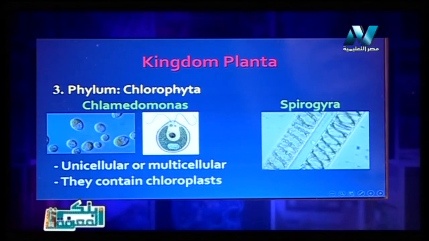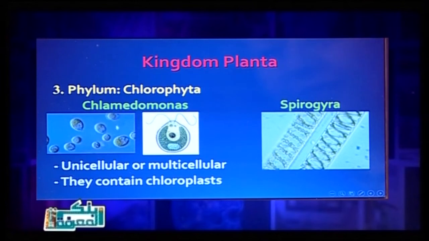The third phylum is Chlorophyta, and because of chlorophyll, it is called Chlorophyta. So these are the green algae, and these green algae can be unicellular, like the Chlamydomonas, as you see in this picture. And you can notice the movement of Chlamydomonas by the two flagella shown in this picture.